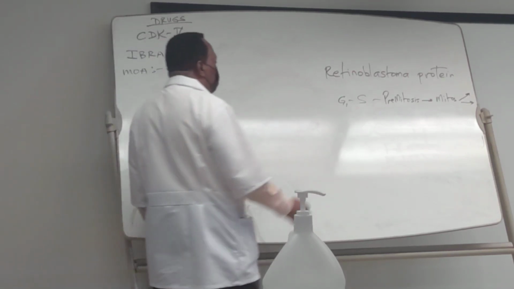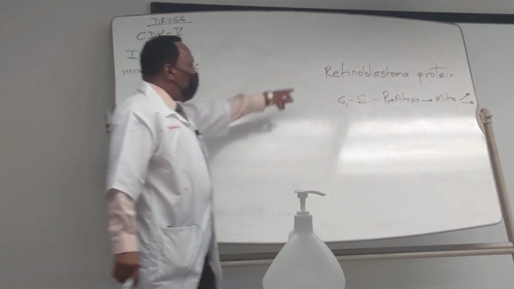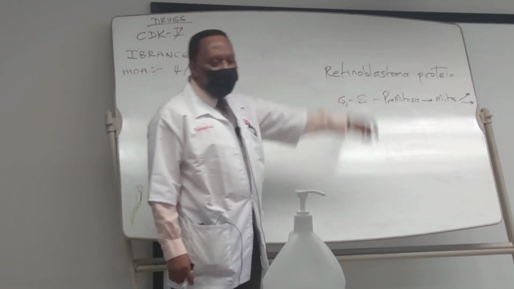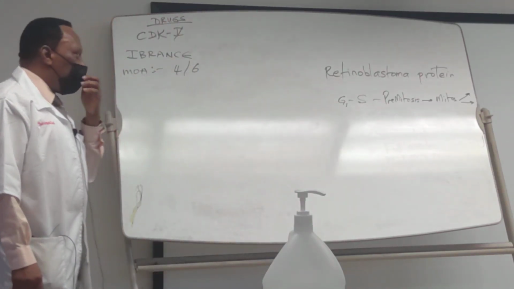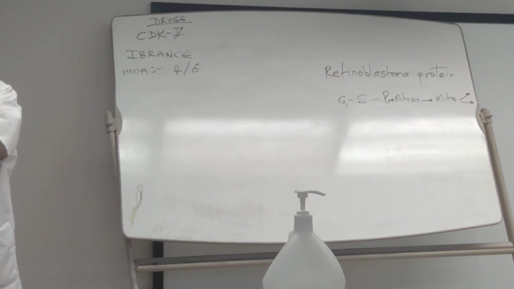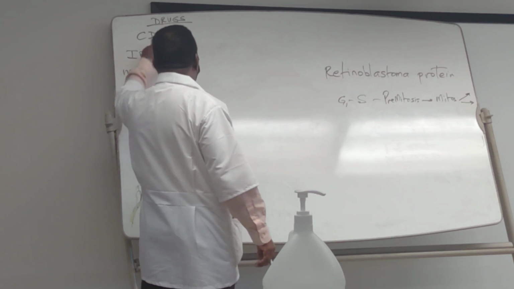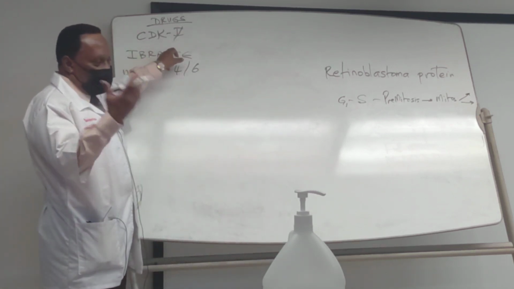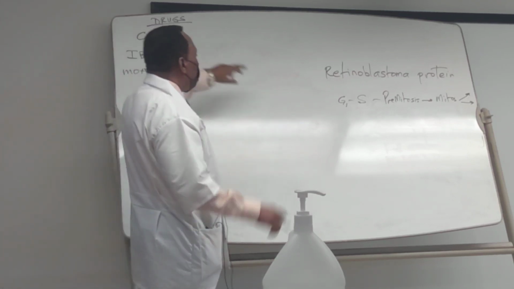The movement from G1 to S requires that retinoblastoma protein in the phosphorylated form. It has to be phosphorylated to be active. And your cyclin-dependent kinase, of course, is an enzyme that causes that phosphorylation.